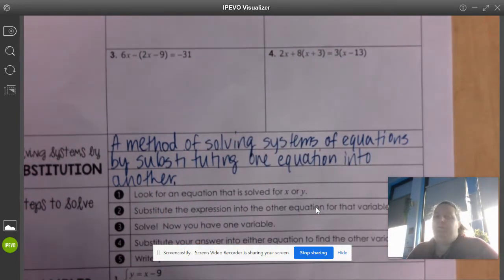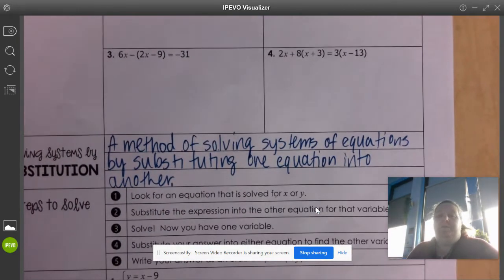We've been working with substitution for a long time already, substituting ordered pairs into equations and functions. So we're using that similar concept here to solve.